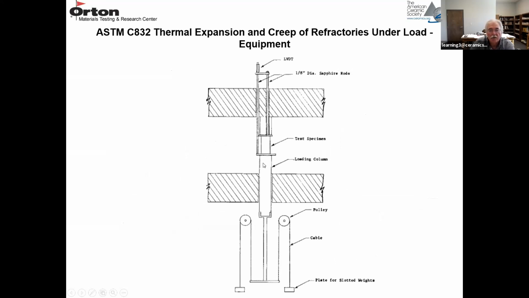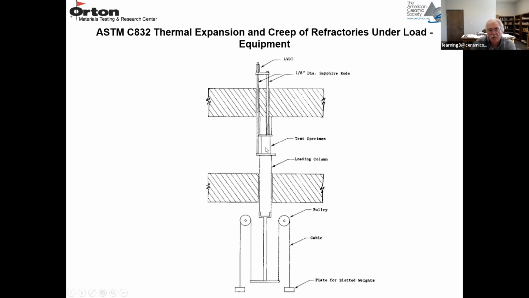And another arrangement here is this one is actually a smaller sample. It's a cylindrical sample. There's another version. Every country has a version of test specifications. There's a German version that's used quite commonly in refractory creep testing, along with this ASTM test C832.